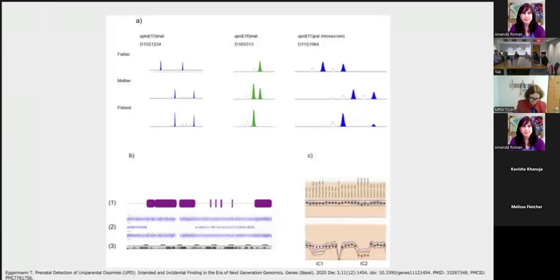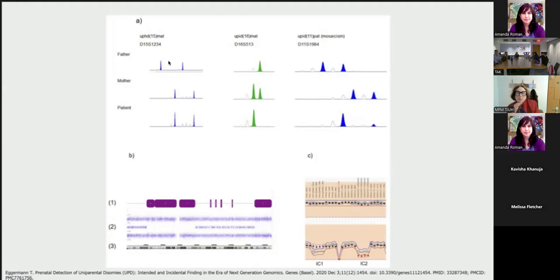Now that we know who to test, how to test is the next question. The techniques to detect uniparental disomy are generally based on genetic polymorphism and segregation analysis between the proband and their parents. In classical uniparental disomy testing, we often use short tandem repeat analysis. As a reminder, short tandem repeats are DNA stretches containing repeat units of 2 to 7 nucleotides in length that are tandemly repeated.